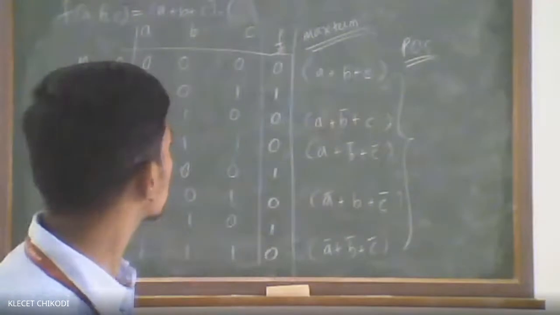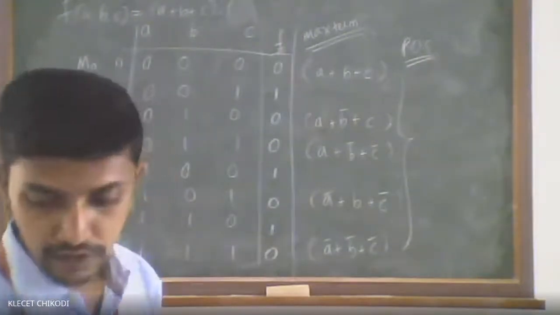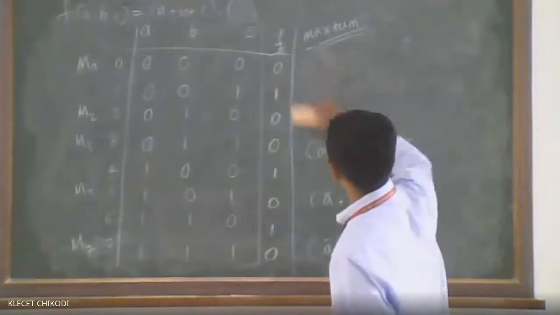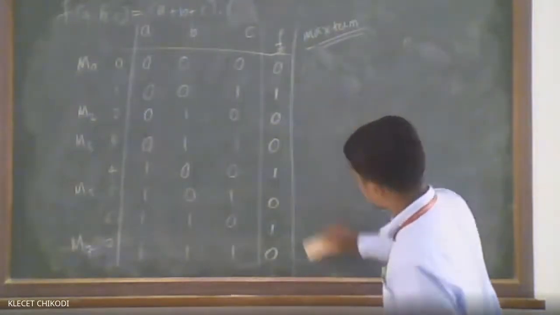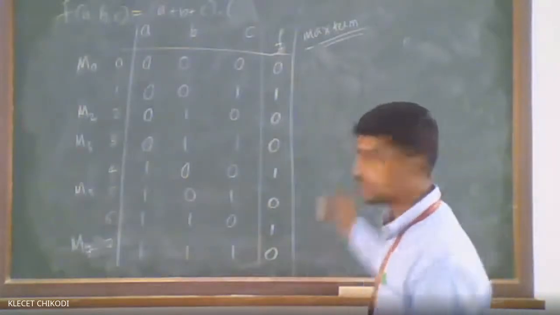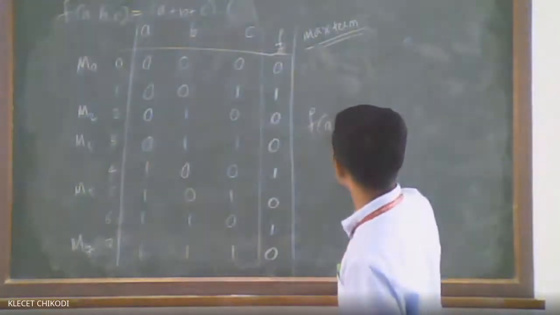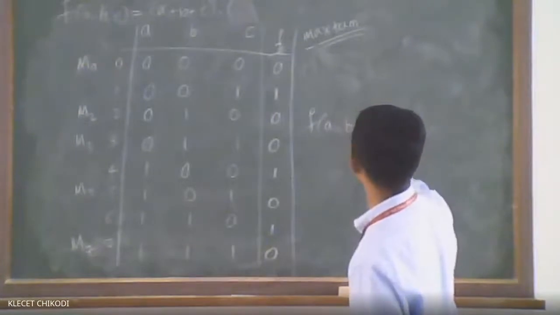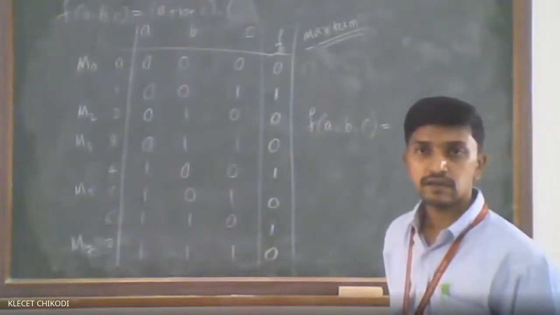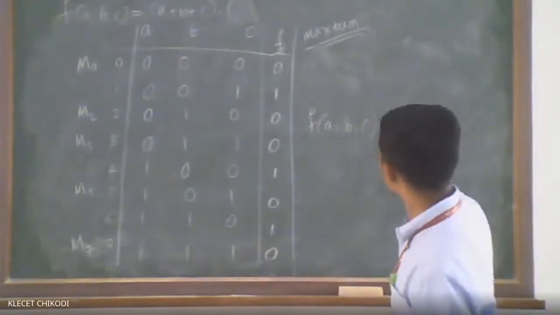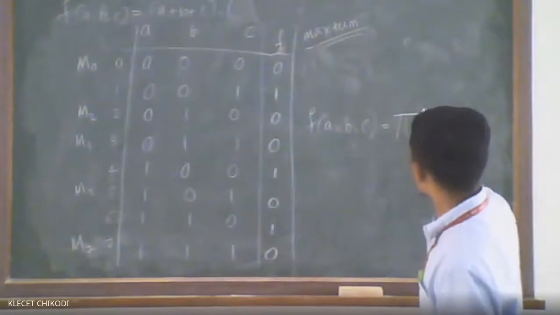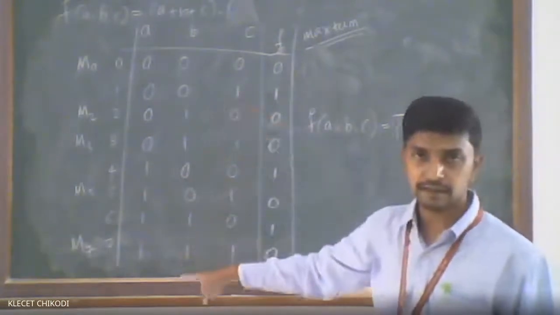After that, you have to write down the canonical form for the same. So the canonical form will be function of a, b, c is equal to, the notation will be pi notation, and whatever max terms are available here.